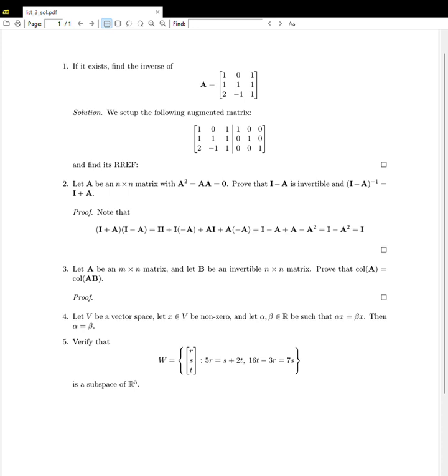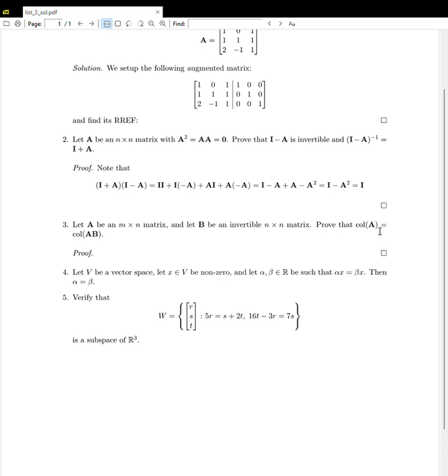All right, so if you take an m by n matrix A and an invertible n by n matrix B, it turns out that the column space of A coincides with the column space of A times B. All right, so I'm being asked to prove that two sets are equal. So how do we do that?